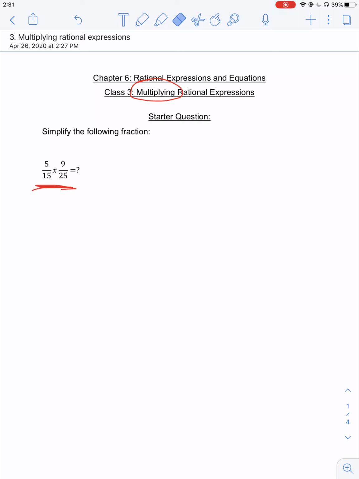So one way, the simple way, is because we're talking about multiplication, we can simply multiply our numerators together and then put the answer, let's say 45, and then 15 times 25, so that's 250 plus 125, maybe 375.